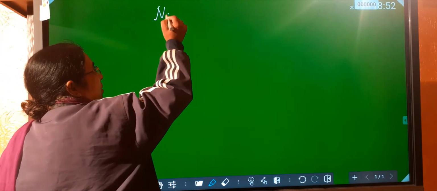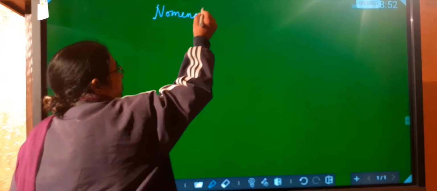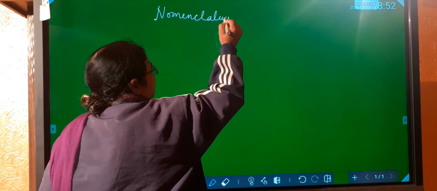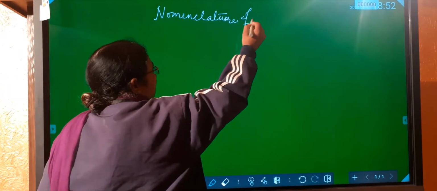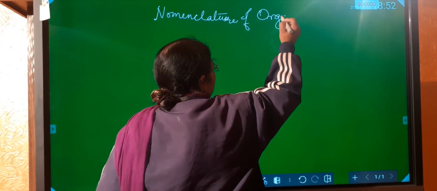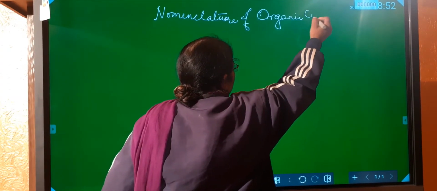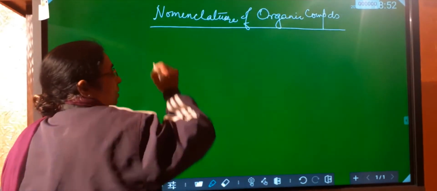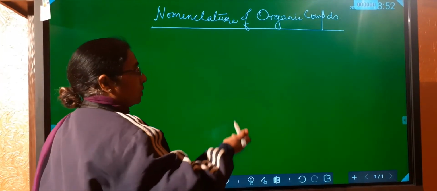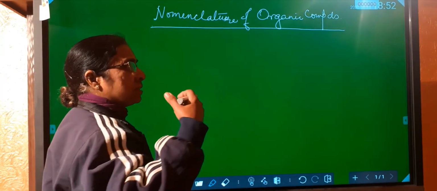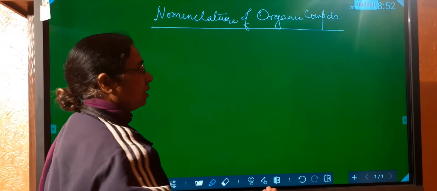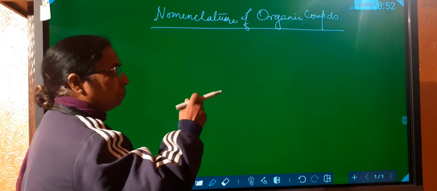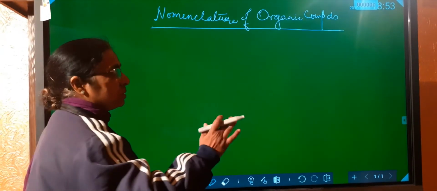Alright students, now let us come today to an important topic, that is nomenclature of organic compounds. Now for nomenclature, we cannot give a name to anything just like that. To give names, we have certain rules.